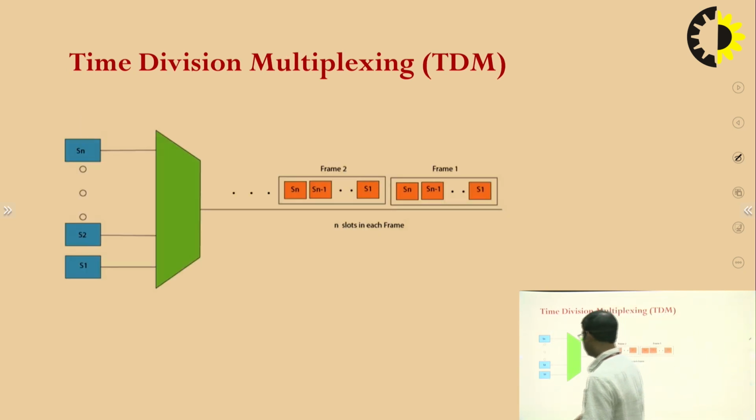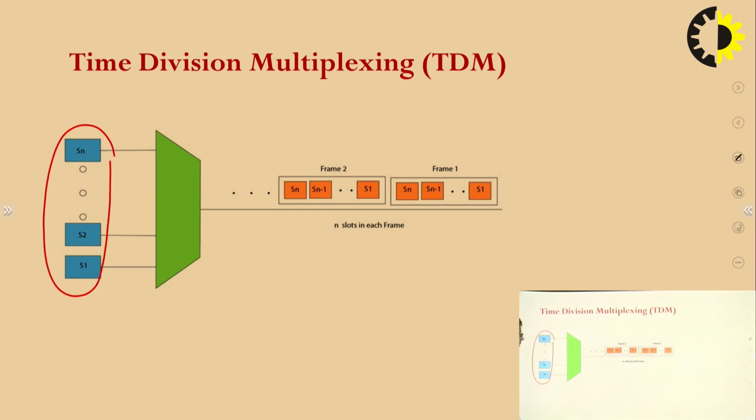Now, this block diagram helps us understand further the concept of TDM. Here we can see we have n different senders who want to send the data.